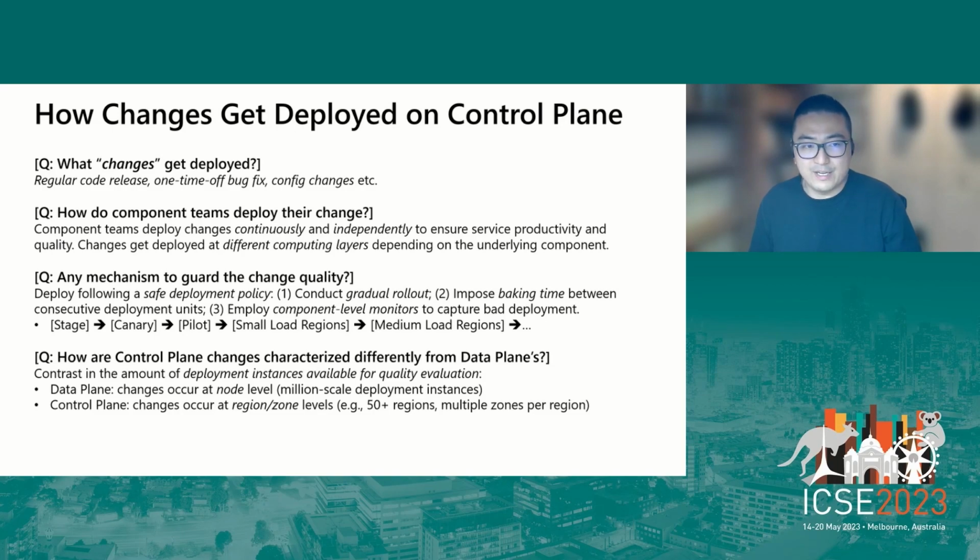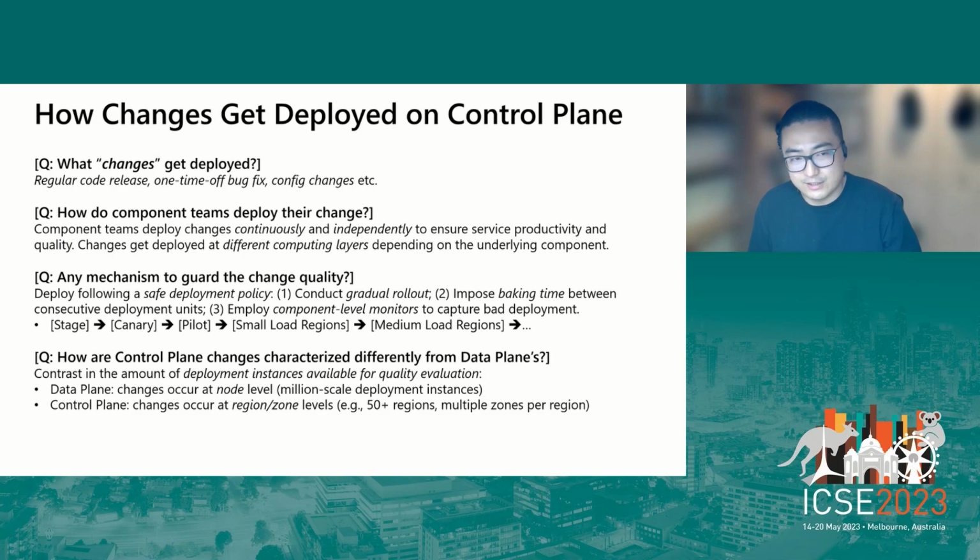First, a deployed change can be a regular code release, a one-time bug fix, or a configuration change. These changes get deployed continuously and independently by different component teams in Azure to ensure the service productivity and quality. The changes can get deployed to various computing layers, including the regions, the zones, the clusters.